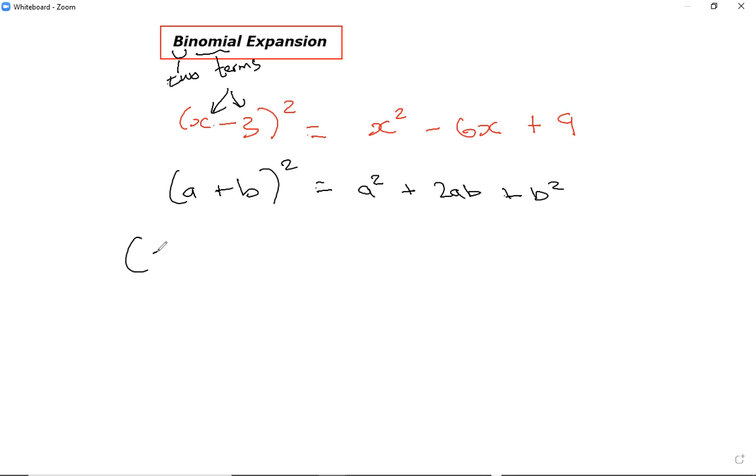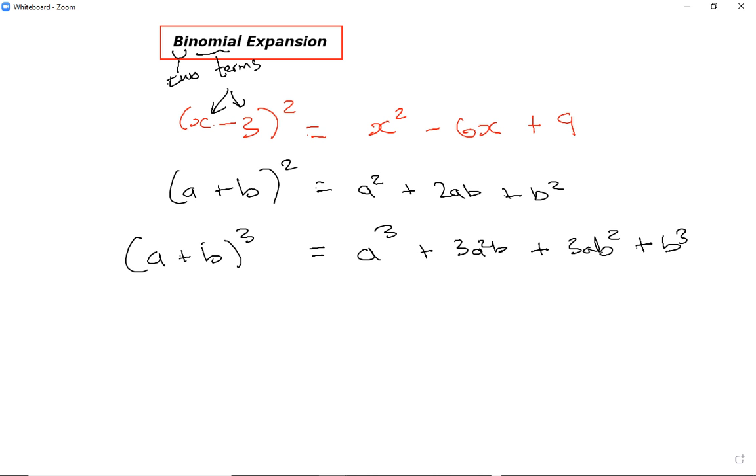The moment I cube the function, a plus b cubed, and I spend a while multiplying out and expanding the products, I end up with a cubed plus 3a squared b plus 3ab squared plus 1b cubed.